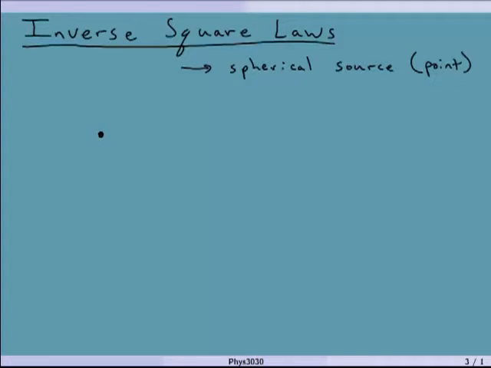So I have some ball that's a source for something. And in our case, we're really going to be thinking about light. Okay, so let's think about light emanating from this thing sort of in all directions, right? As a sphere of light coming out of it. Okay. Well, as that light expands and comes away, it all spreads out as it goes, right?